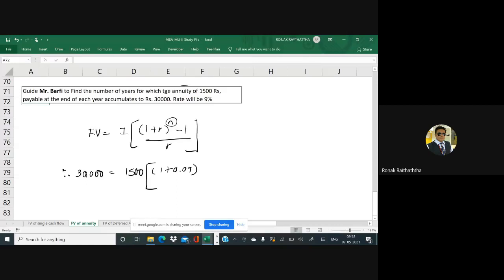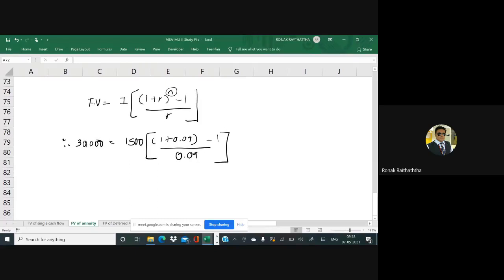Now installments are paid on a yearly basis only, so no need to adjust the number of periods as well as the R. R is 9% per annum, divided by 0.09 again. So my friend, now we'll be solving this question.